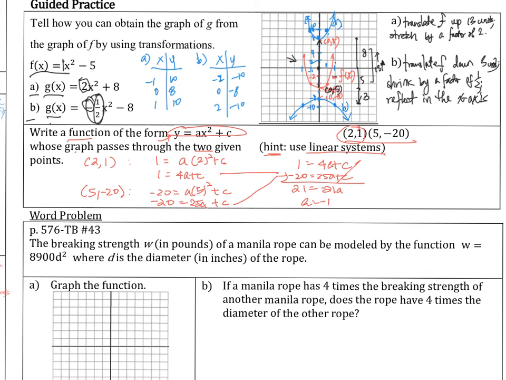And then I'm going to use 1 equals 4 times -1 plus c. So c equals 5. Now we can take this y equals ax squared plus c and substitute in a. So a is -1, so -x squared plus 5, and that's our function.